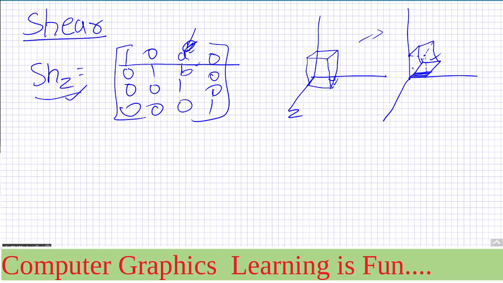Here we have to understand that the amount of the object in the z direction is still here only, only the x and y values have changed, so it looks a little elevated. Okay, that's it. So this is your shear operation.